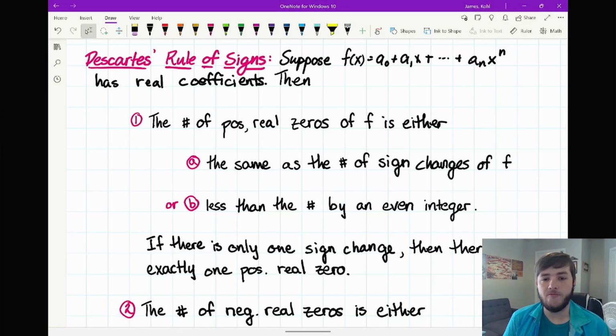So, the number of positive real zeros is either the same as the number of sign changes, meaning how many times it changes from a positive to a negative coefficient and vice versa, or it's that number minus an even number. We'll take a look at an example in just a minute. I know that's a lot of language.